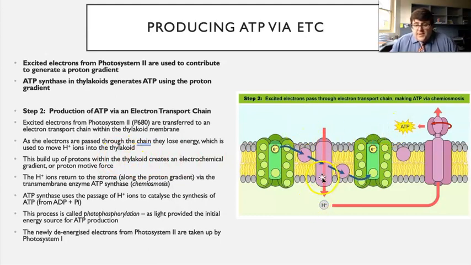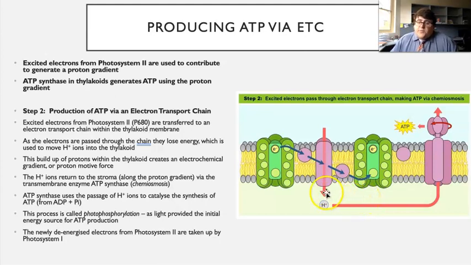So we can see down here, as the electrons move across the membrane, we're getting hydrogen ions moving across, moving these hydrogens into the thylakoid itself. This builds up the proton motive force within the thylakoid and creates our electrochemical gradient.